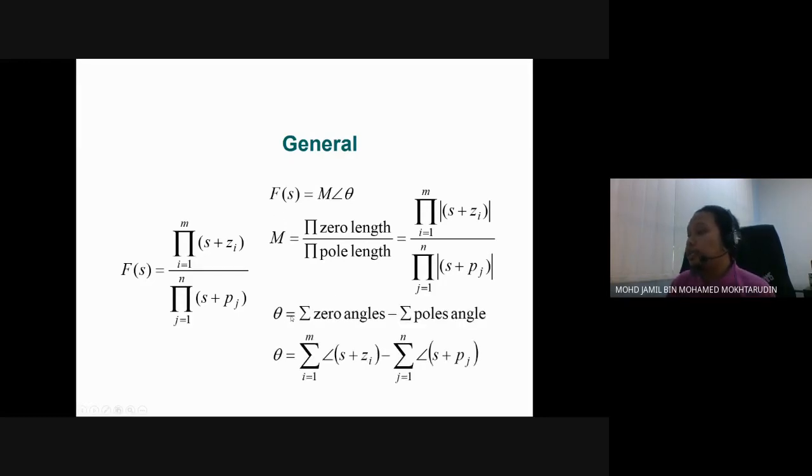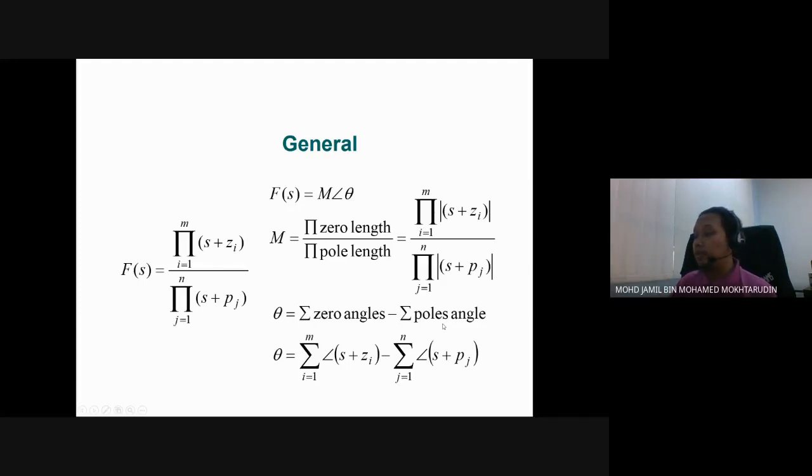And then to find the angle is simply by finding the angle of each of the zeros and also the angle of each of the poles. And then you sum the angle of zeros minus the sum of the angle of the poles.